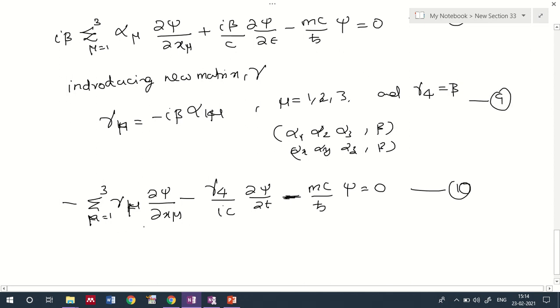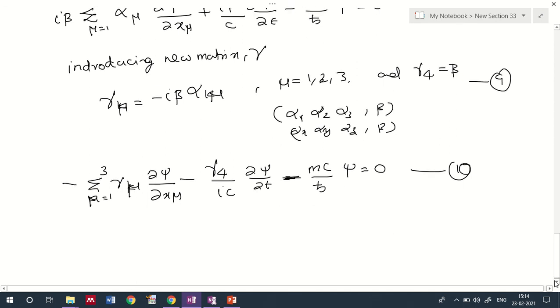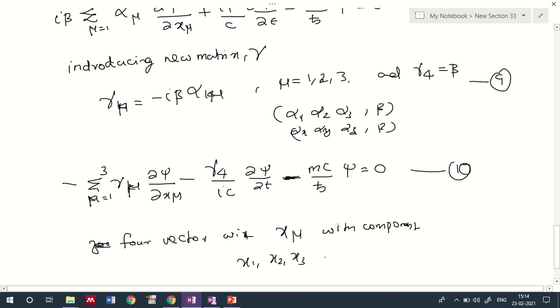So we have 4 vectors, right? We have 4 component vectors, which we already understand. So we have a 4 vector with x as mu, with components x1, x2, x3 and x4, which is equal to ix0.